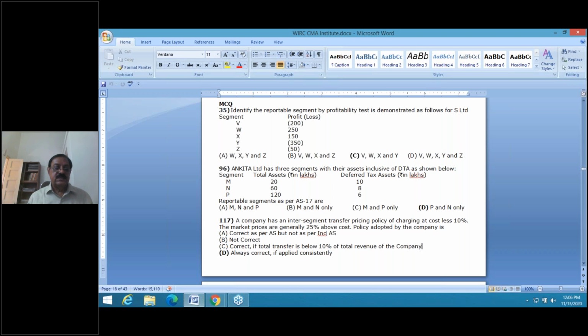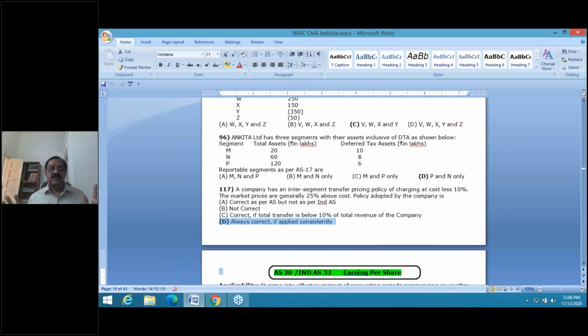So answer is D. AS is not guiding you on which transfer pricing policy should be followed by the company. You can adopt your own policy, but it should be followed consistently so that 2 or more years figures can be compared. So according to me, the answer is always correct if applied consistently, friends.